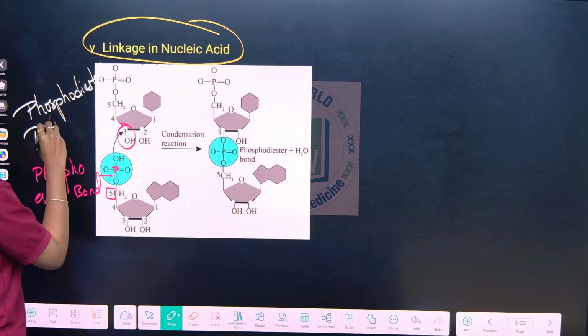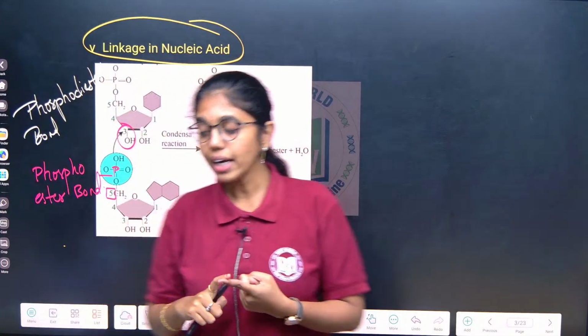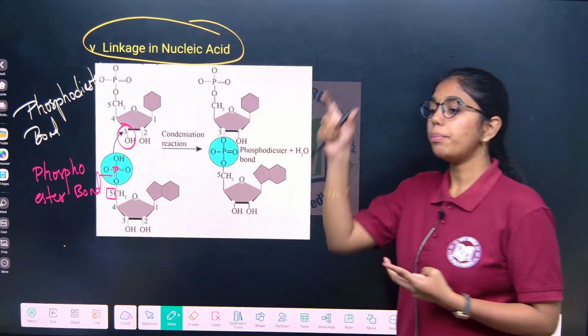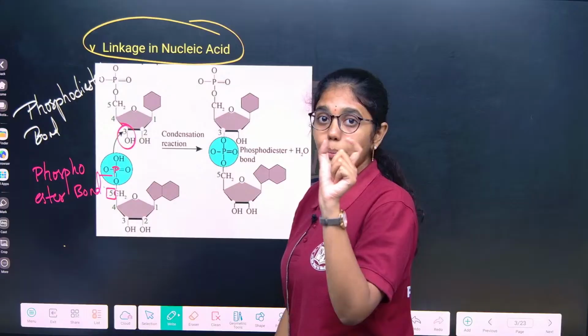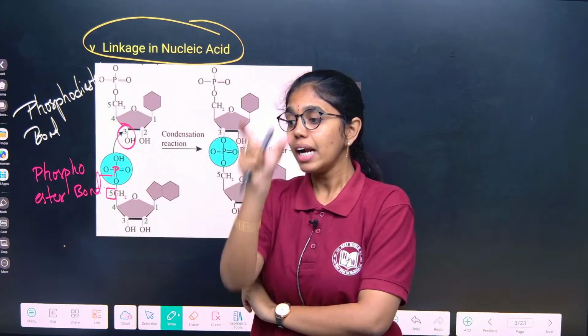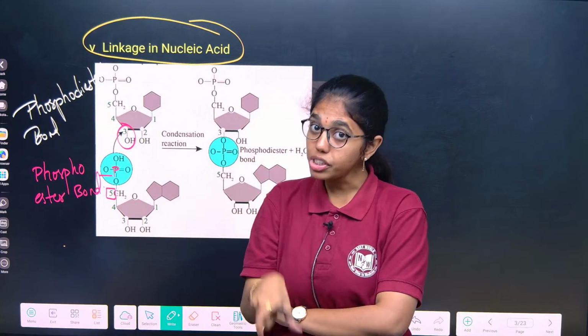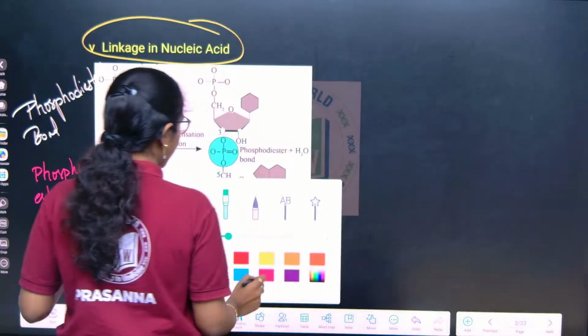You should be very clear on the linkages of forming a single nucleotide, linkages of forming a polynucleotide chain, and the bond connecting 2 nitrogen bases in forming a double helical structure or double stranded nucleic acid or DNA. So take down clearly.